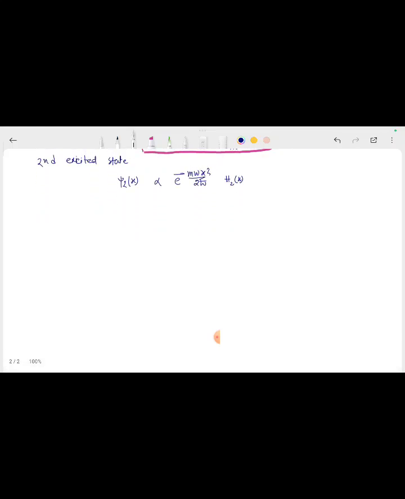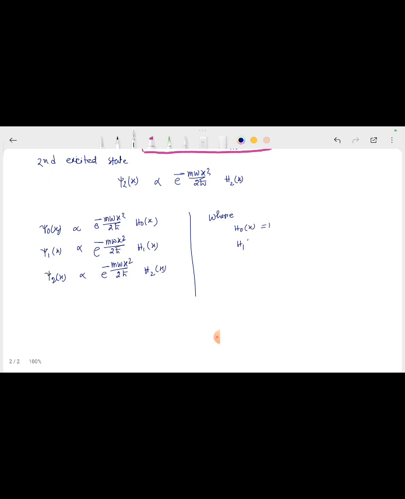If we take a note: psi_0(x) is directly proportional to e^(-m omega x^2 / 2h-bar) H_0(x). Psi_1(x) is directly proportional to e^(-m omega x^2 / 2h-bar) H_1(x). For the second excited state, psi_2(x) is directly proportional to e^(-m omega x^2 / 2h-bar) H_2(x), where H_0(x) equals 1, H_1(x) equals 2x, H_2(x) equals 4x^2 - 2.